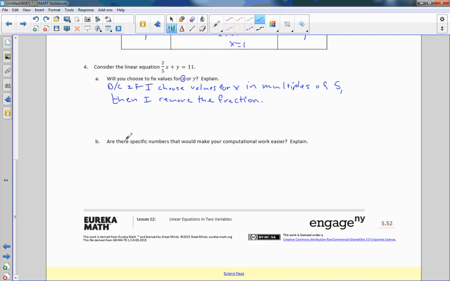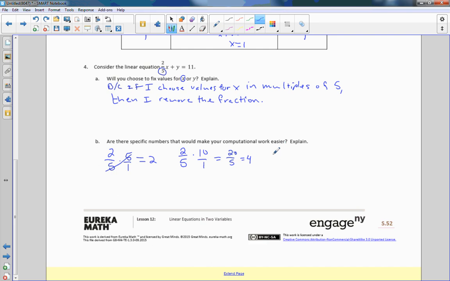Okay, and it says, are there specific numbers that would make your computational work easier? Explain. So I already have. The answer to that is yes. If I multiply 2/5 times 5, think of 5 as 5 over 1. The 5's cancel, and it equals 2. 2/5 times 10 over 1 equals, you could either do it that way by reducing, or this also means 20 over 5, which equals 4.